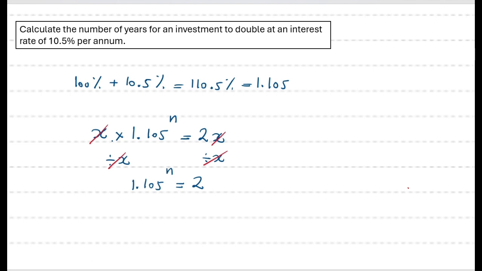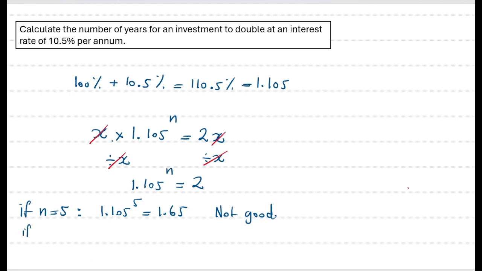So again, we start with n equals 5 and see how it works. If n equals 5, then we write 1.105 to the power of 5. Typing it into our calculator will give us 1.65. So you can see that it's not good because we want to get 2.